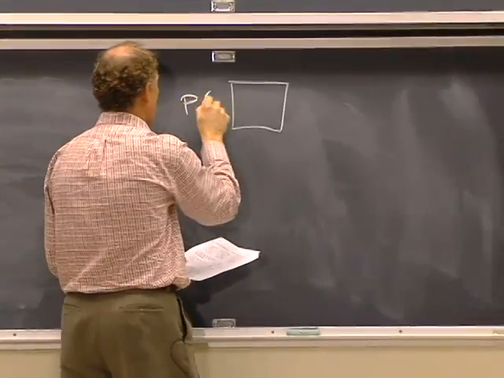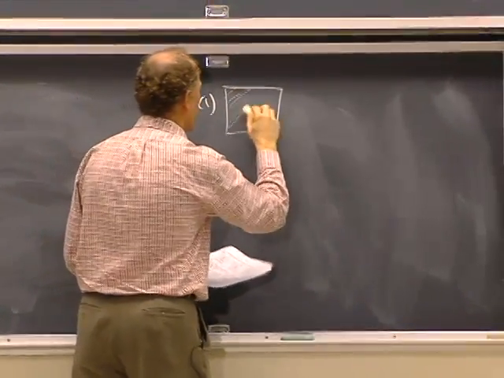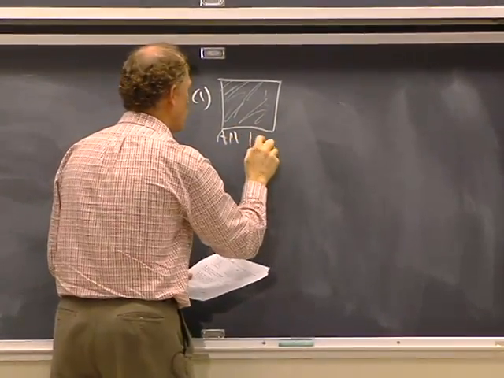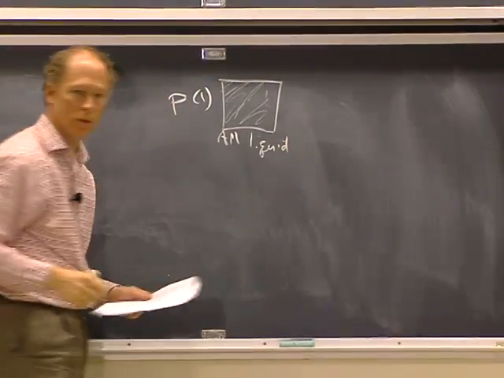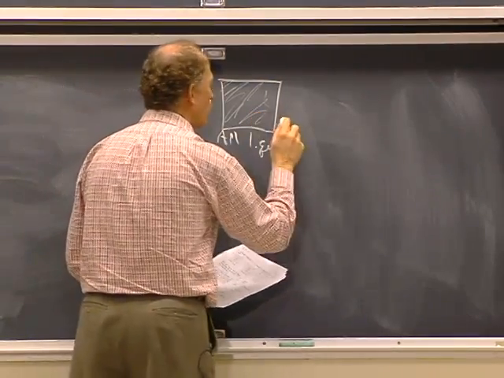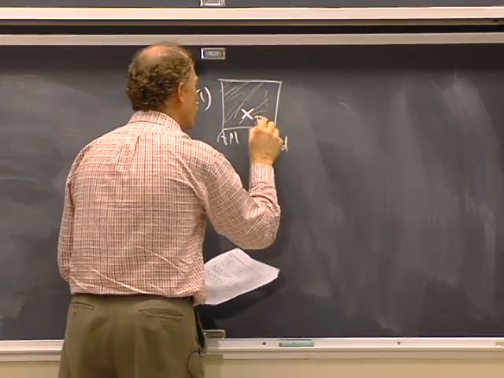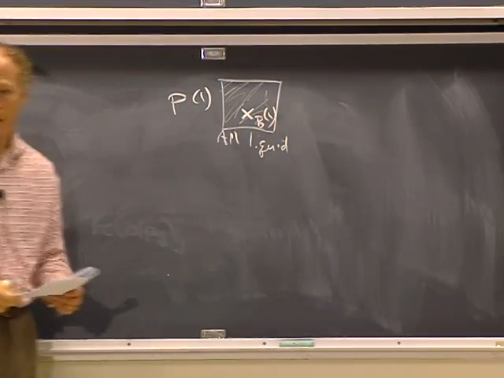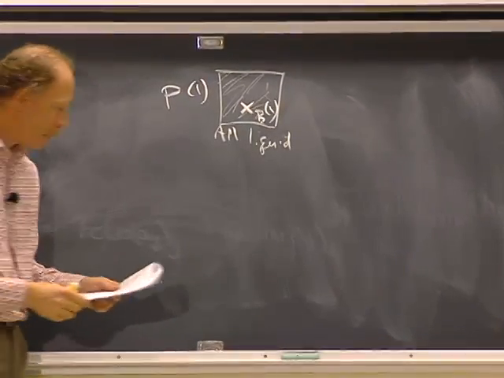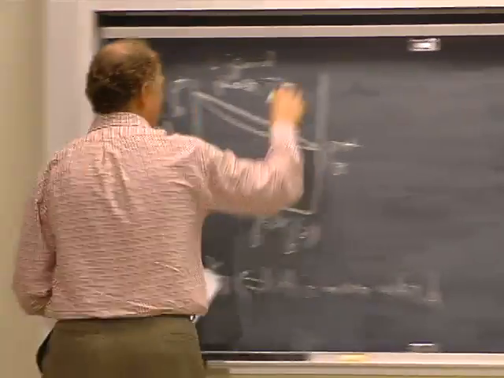So at our initial pressure, we just have all liquid, right? There's some XB at 1. That's all there is. There isn't any gas yet.